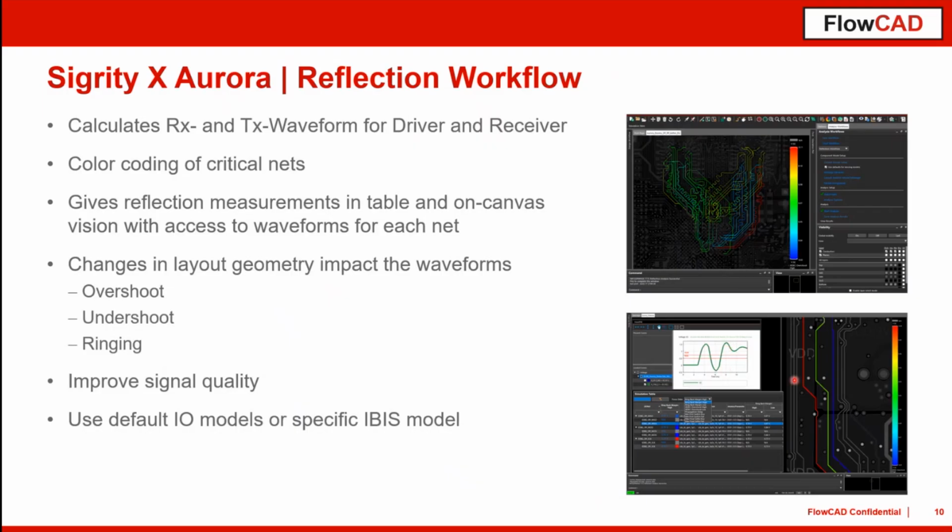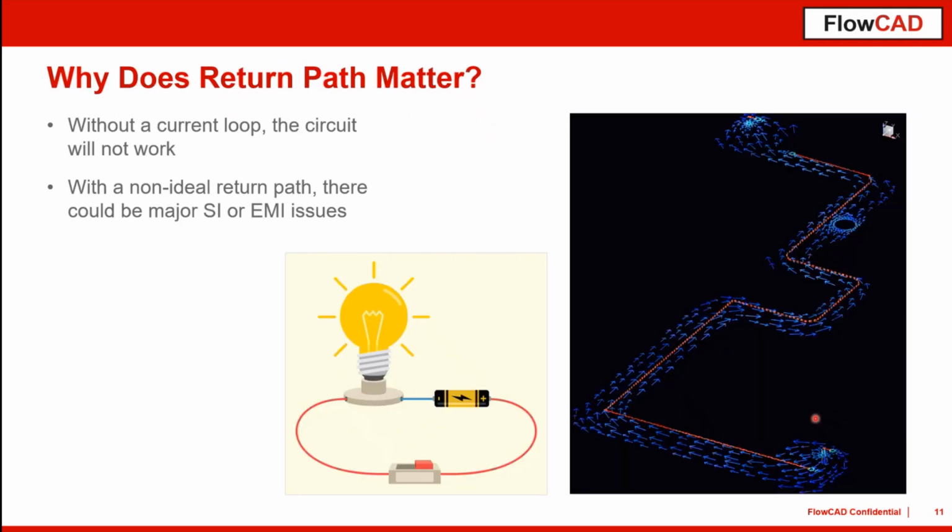So as we have seen here now, the signal has been routed over the split. We all know about, or have heard about, the rules that you should never route signal traces over splits in planes. Why is it? Because the current return path typically runs directly below the traces.